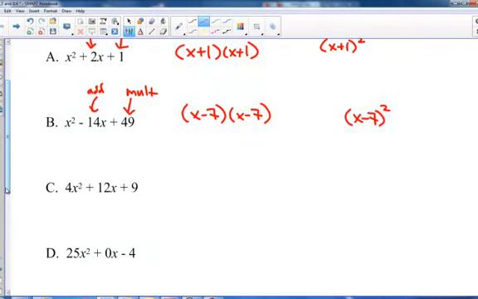Now, this is where it gets a little bit different. Remember, actually we haven't done this. This is a perfect square. It's 3 times 3. And this is a perfect square, 2x times 2x. So this factors into 2x plus 3 times 2x plus 3.